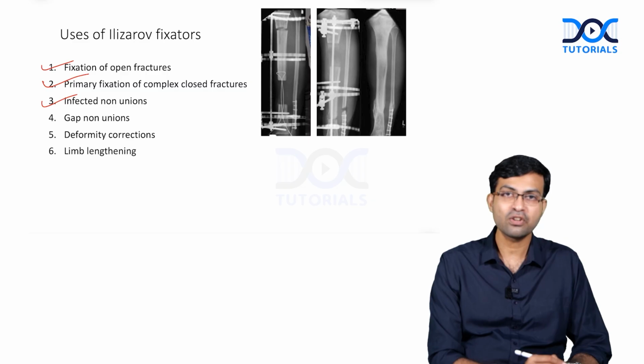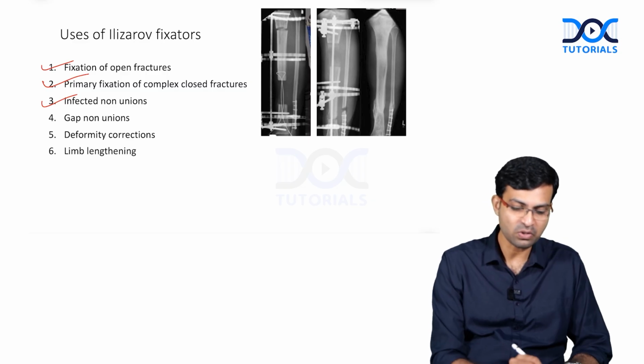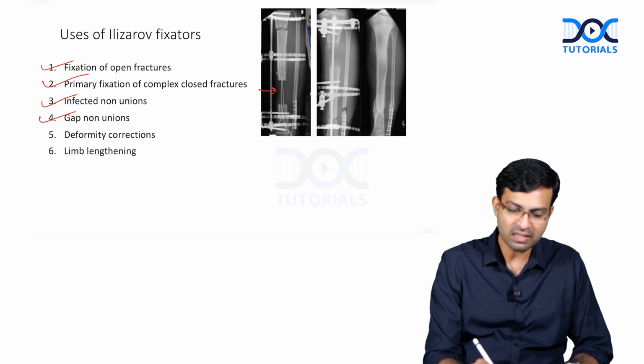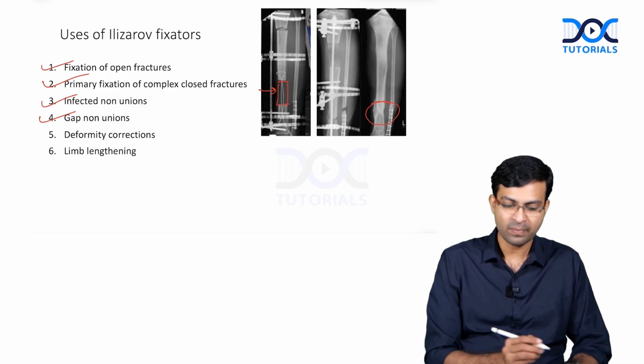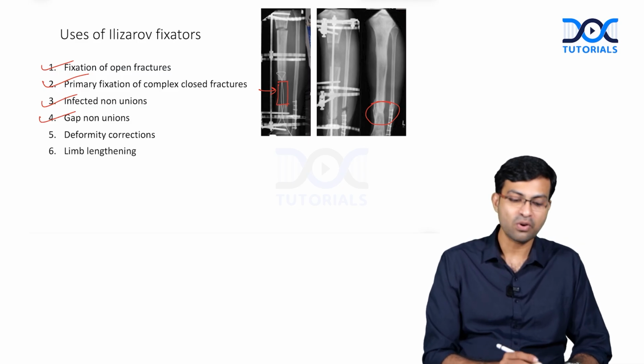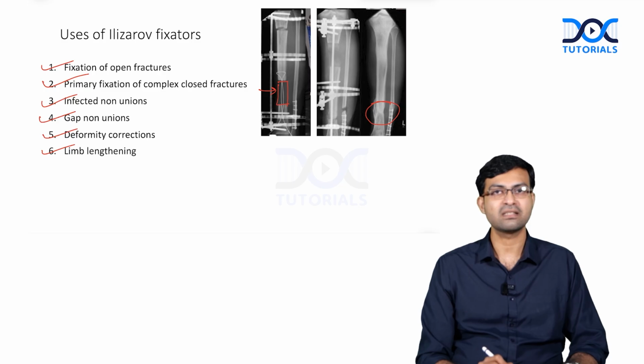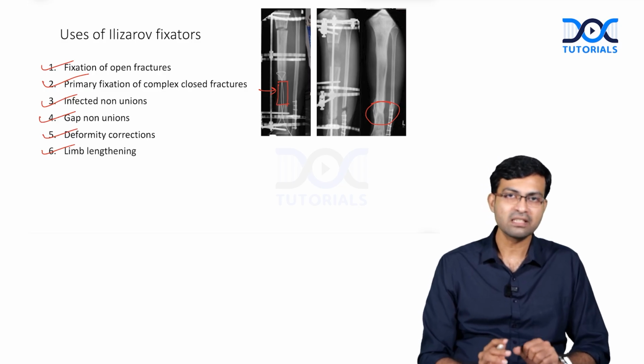Then for infected non-unions, it is the treatment of choice. For gap non-unions, you can see there is a non-union here and you can see a large gap, and with Ilizarov fixation you can see that the gap is completely closed. So you can use it for gap non-unions, deformity corrections and limb lengthening procedures. So these are the uses of the Ilizarov fixator.